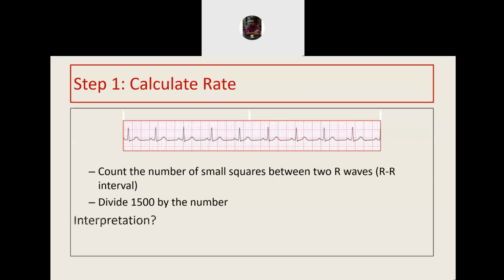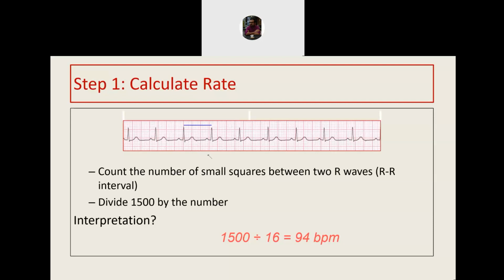So you can see here that if I count the number, for simplicity, choose a point where it is coinciding with a line. So this is the RR interval. Each big box is 5. So you have 5, 5, 5, 15, and the other one 16, and then there is a little bit more. You can either take it as 16 or as 17.